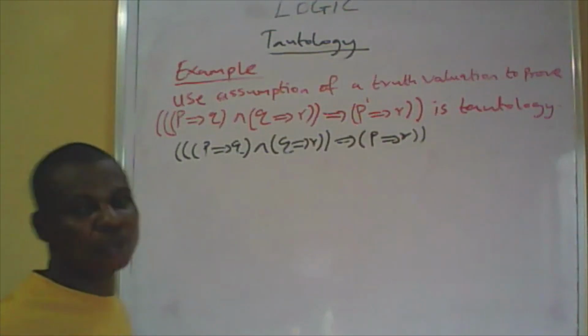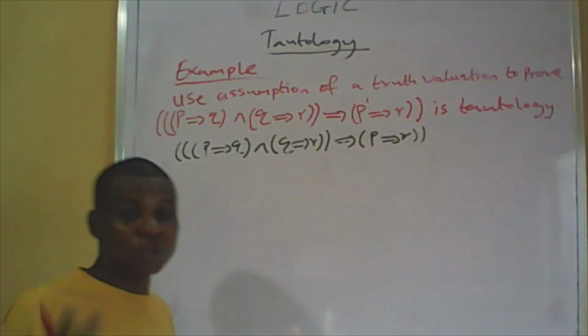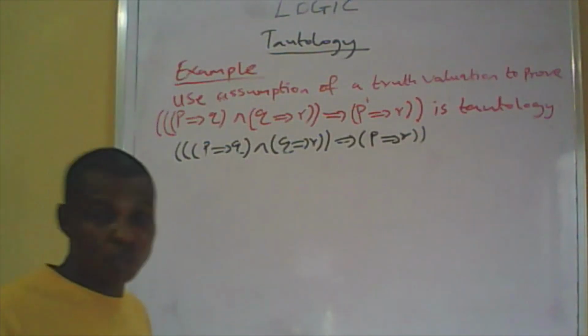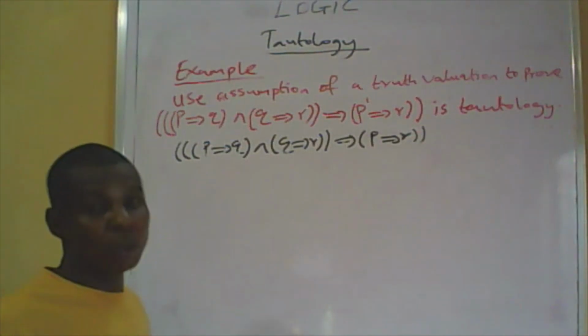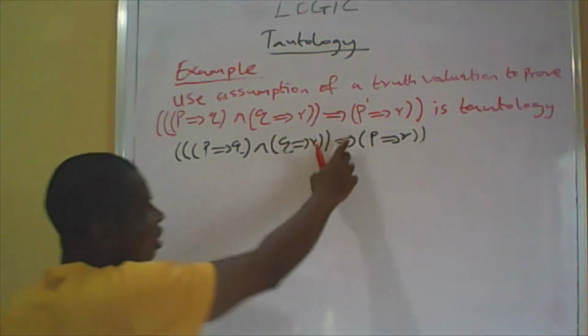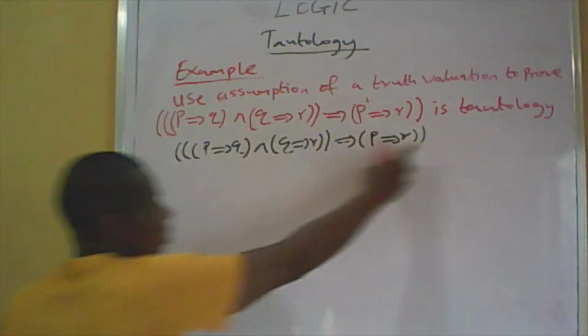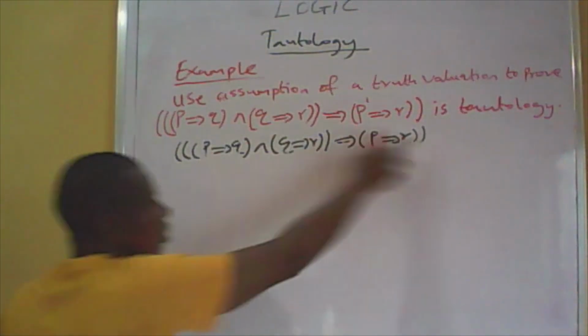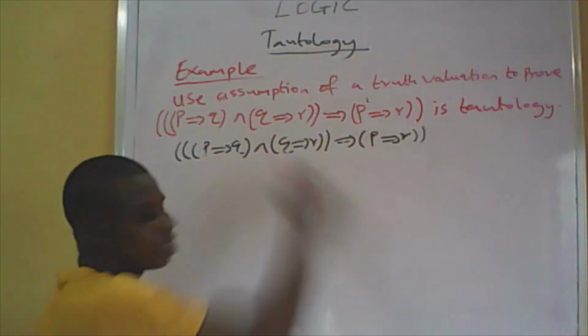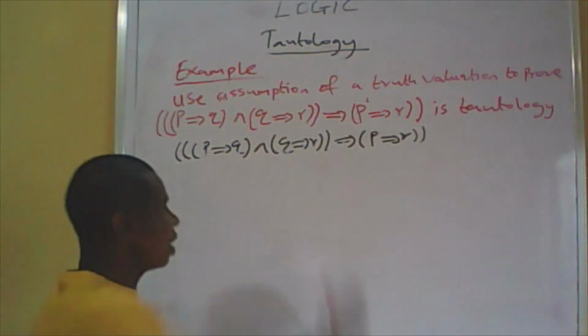You know that you have two methods you can use to prove a statement to be tautology. We have used one, truth table. Now I want to use assumption of a truth valuation. Now we know that this is the main connective of this statement. If you remove the outer bracket, this is the connective that combines this statement and this statement. So that is the main connective.